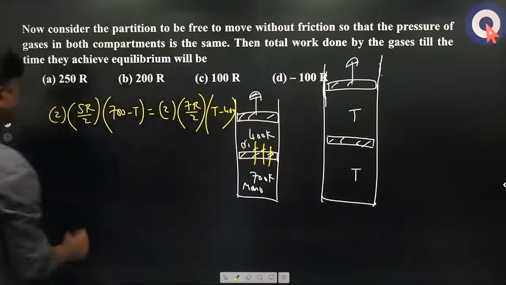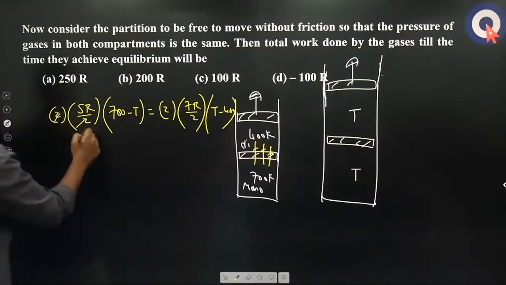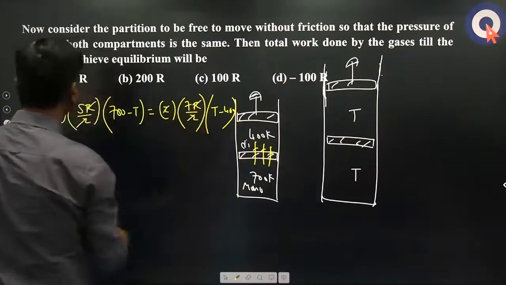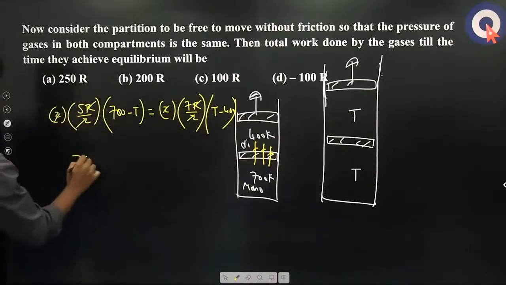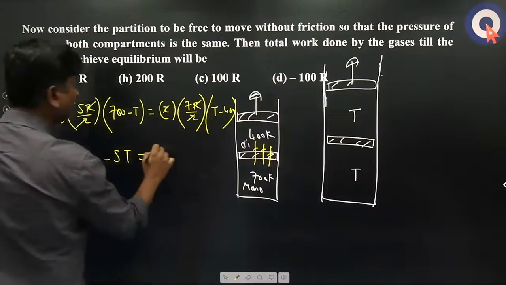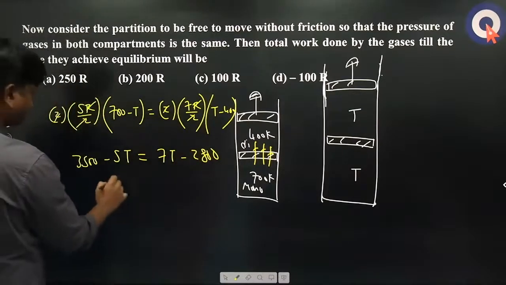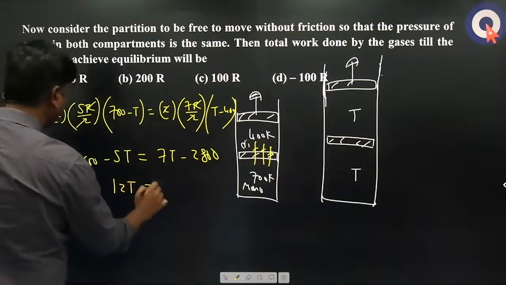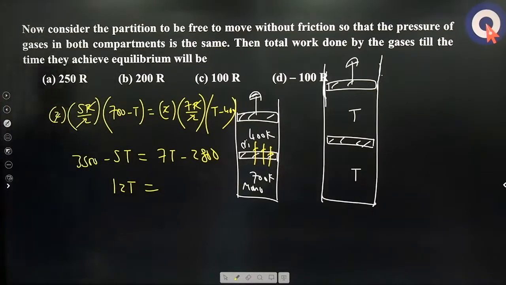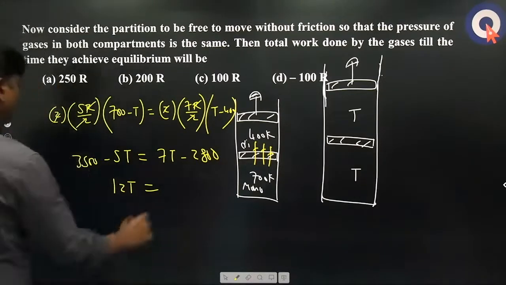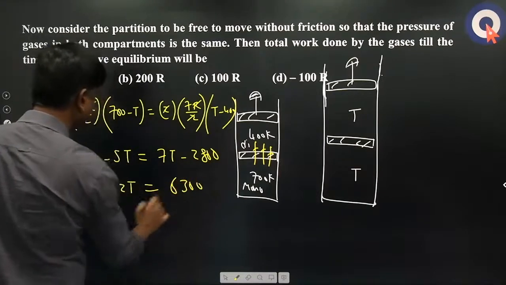Same step, only this is a change. 3500 minus 5T equals 7T minus 2800. 12T equals 6300.